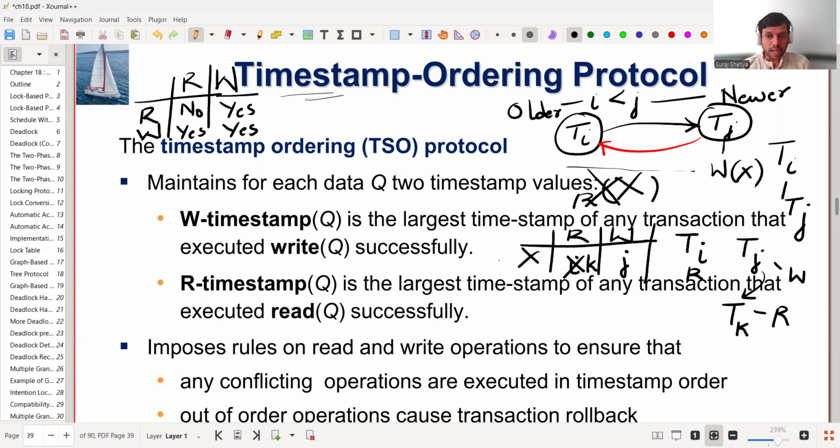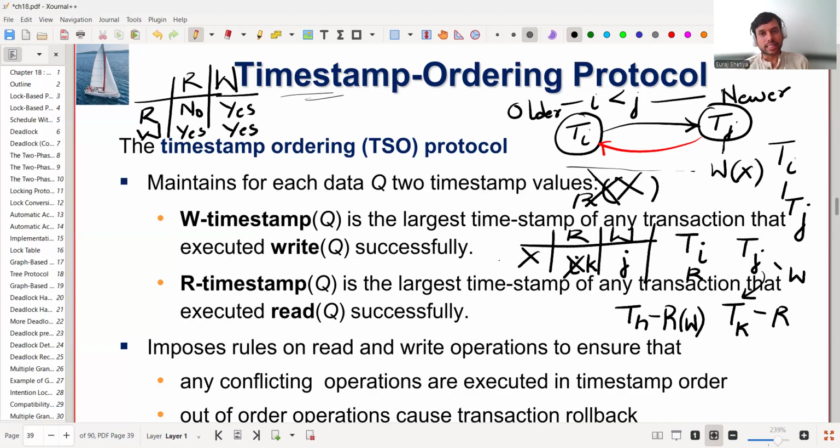But what would not be allowed is, let's say there is Th, which is before i, j. If this transaction now comes and is trying to read or write, then there is a conflict. For example, if it is trying to read x, what will happen is that K has already read.